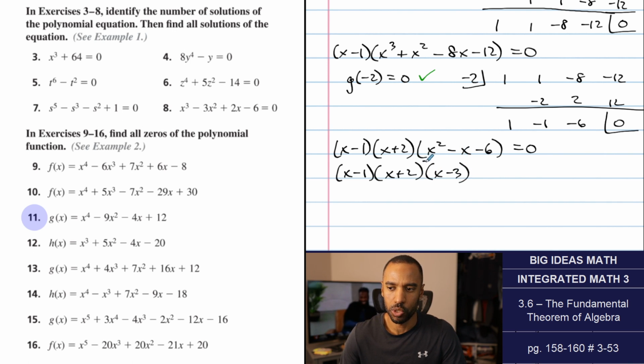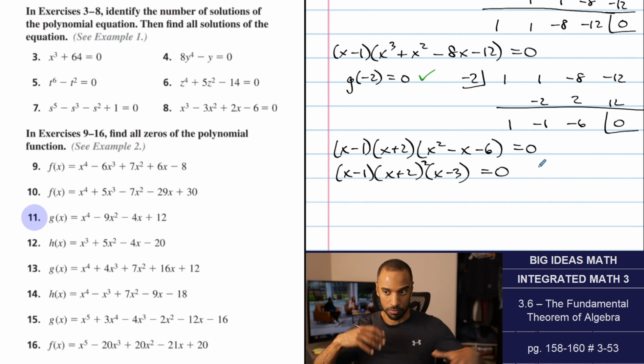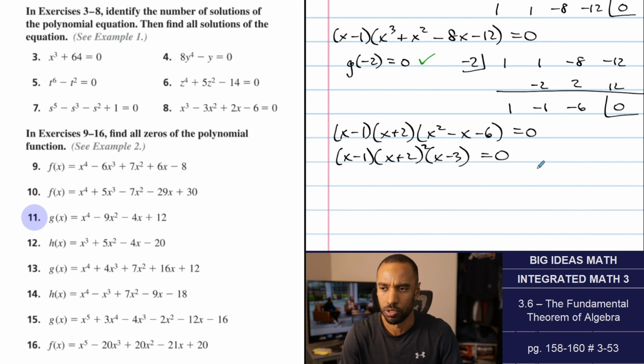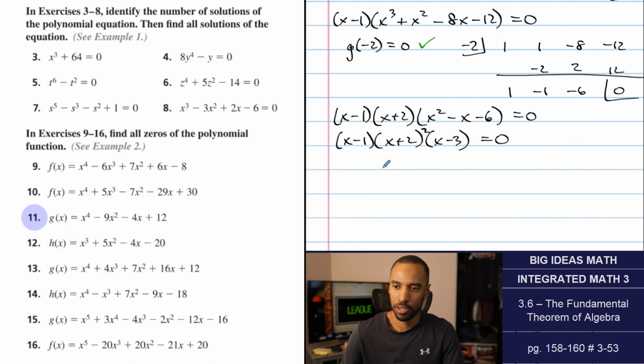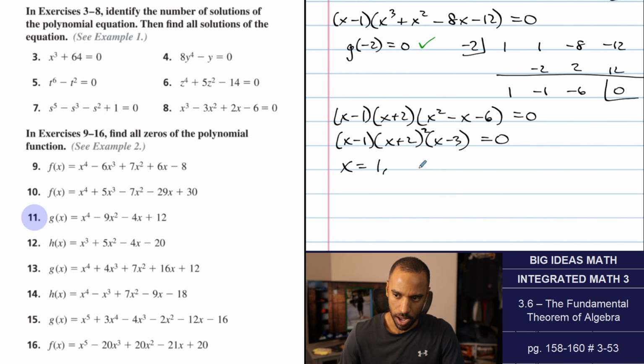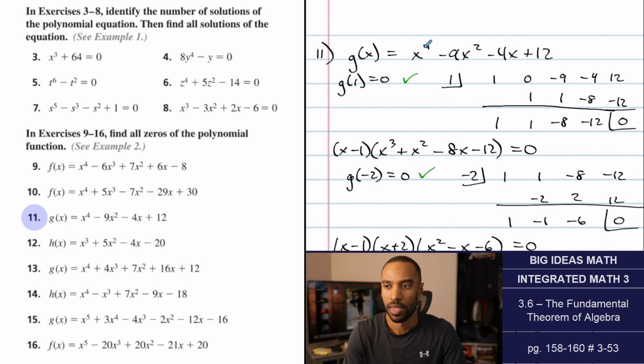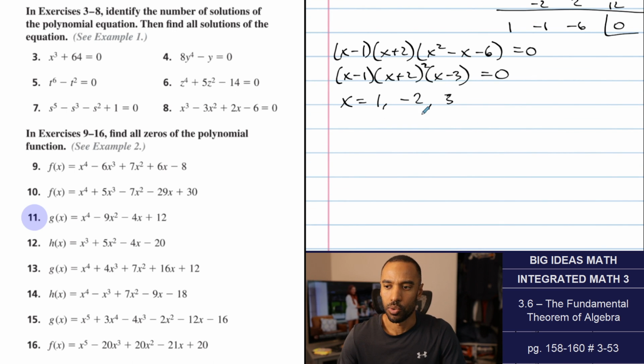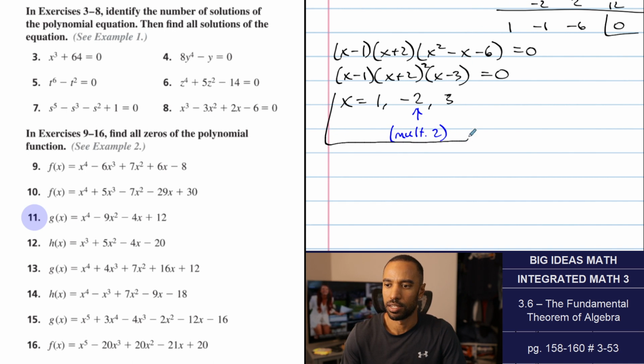Now, because x plus 2 was one of these already, I'm going to go ahead and square that factorization. It looks like another negative 2 could have come into the mix if you did rational root theorem, and 3 as well. So x equals 1, negative 2, and 3. Now, that only looks like 3 solutions to us, and we expected 4. However, negative 2 has a multiplicity of 2. So that makes our 4th solution. So that is our final set.